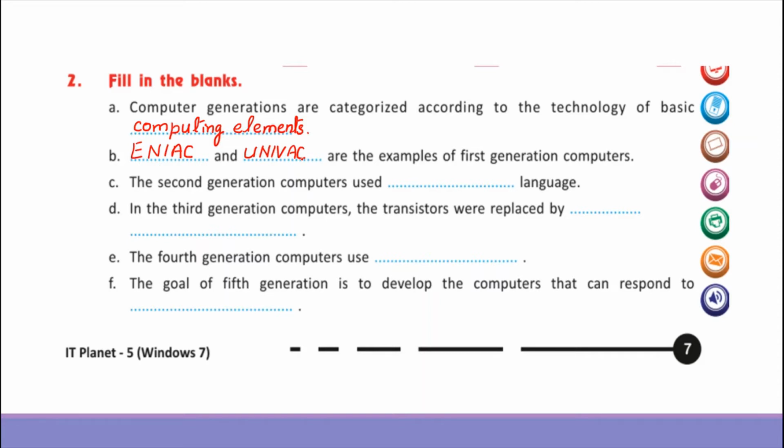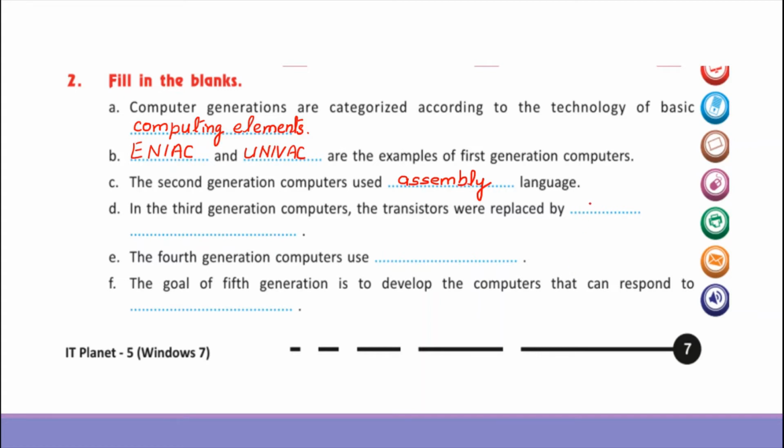C. The second generation computers used dash language, assembly language. The second generation computers used assembly language. D. In the third generation computers, the transistors were replaced by integrated circuit.